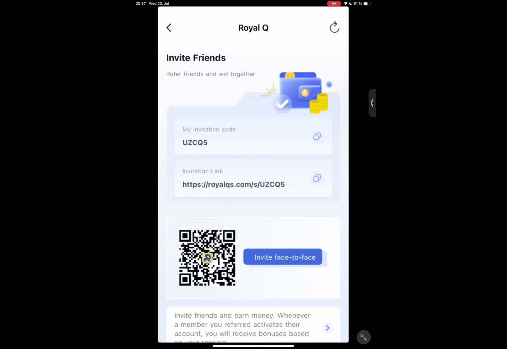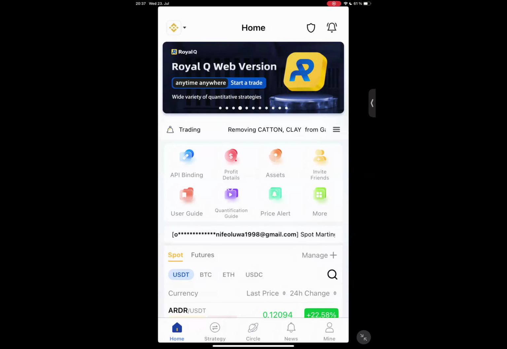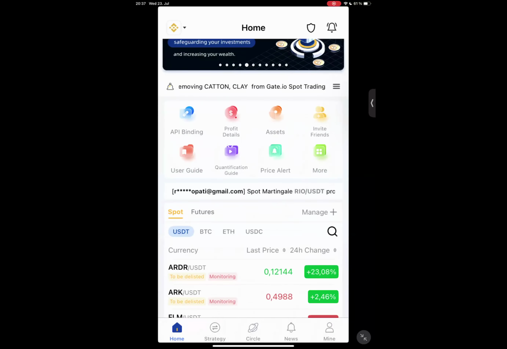You brought Akosua, and Akosua is making profits like this. Take something small and use it to cool your temper or buy chilled water. Okay. So that is why we say invite them, refer them with your referral link, and we win together. So once you are interested, you just copy the invitation link.